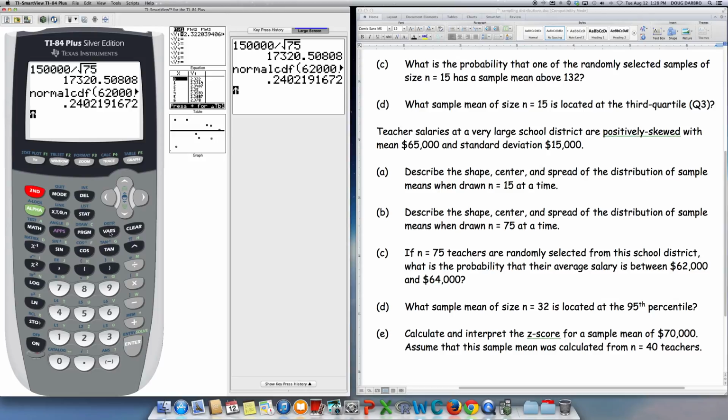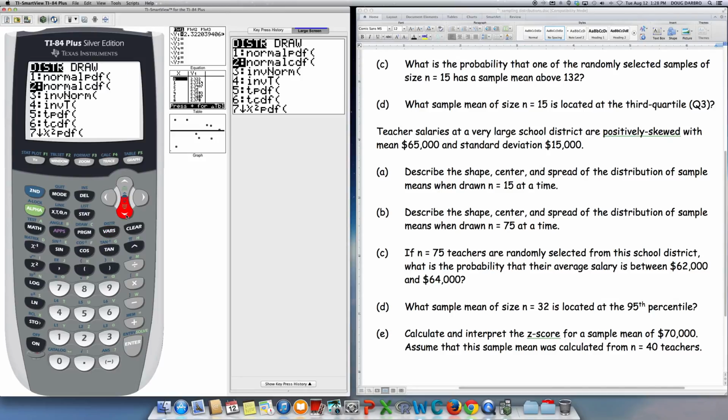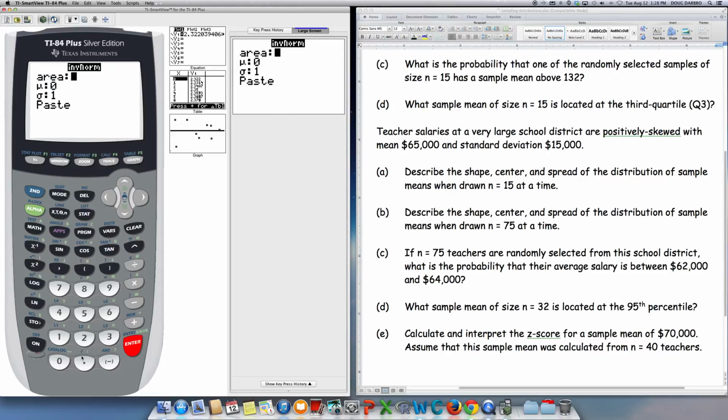So guys, we're looking for a sample mean, not something starting with a P. So we use inverse norm. 95th percentile says 95% of the distribution is below. The mean is obviously 65,000.